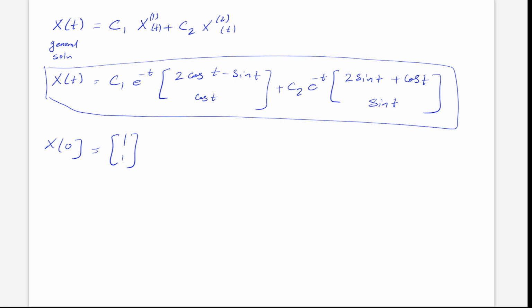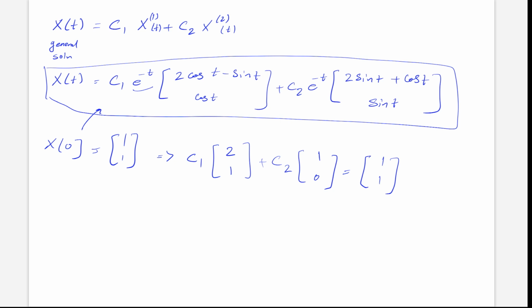So if we plug in t equal to 0 to our general solution, we will get c1 times the vector 2, 1, plus c2 times the vector 0, 1, and this is equal to 1, 1.